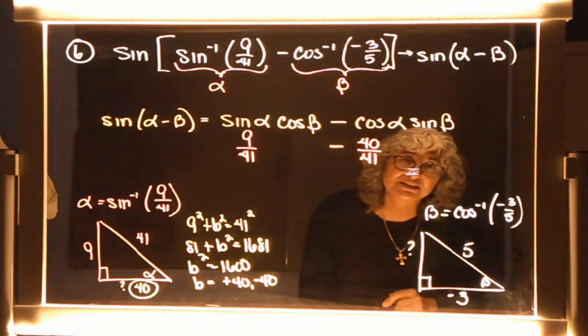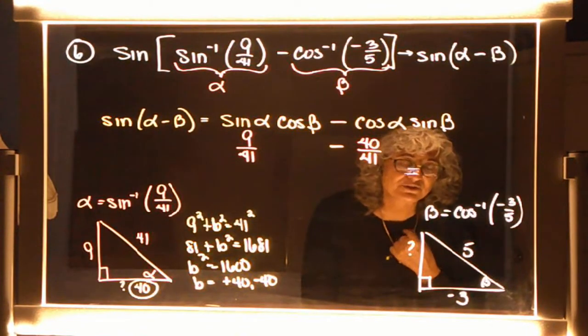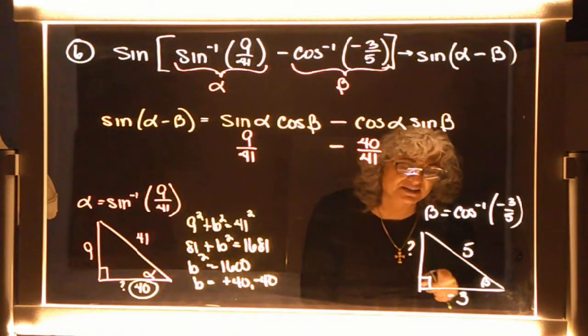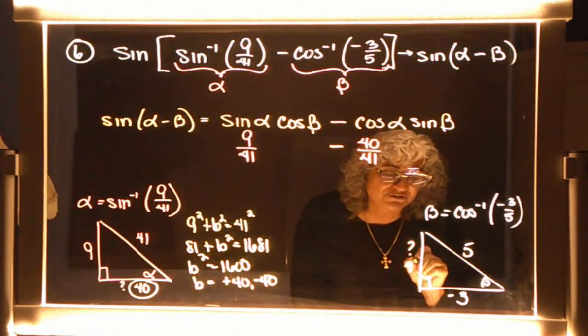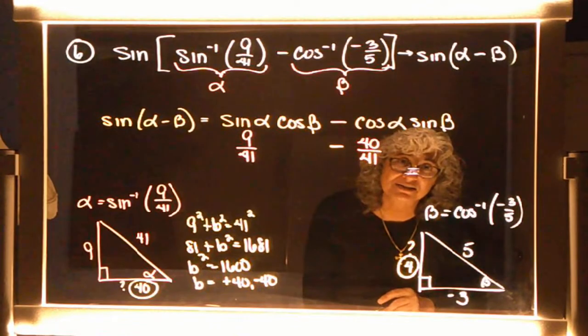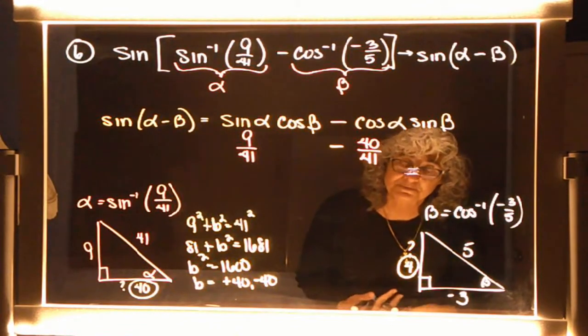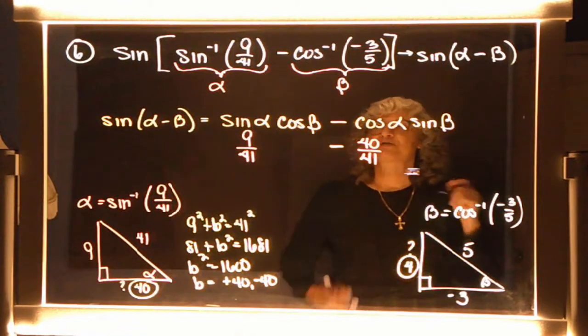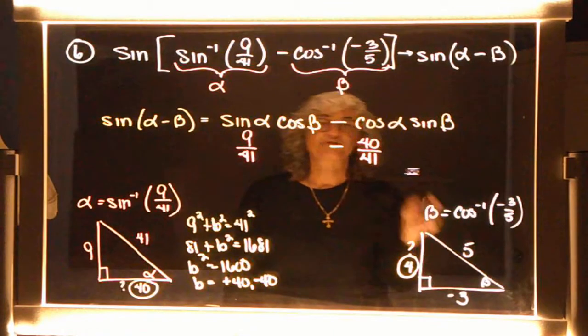And how are you going to find it? That's right, Pythagorean Theorem. And I know some of you already found it or you remember this is one of those typical Pythagorean triples. So this side is a 4 and it is going to be positive because they didn't tell me a quadrant, so they ain't getting a negative out of me. Cool? All right, so the cosine of beta is negative 3/5.